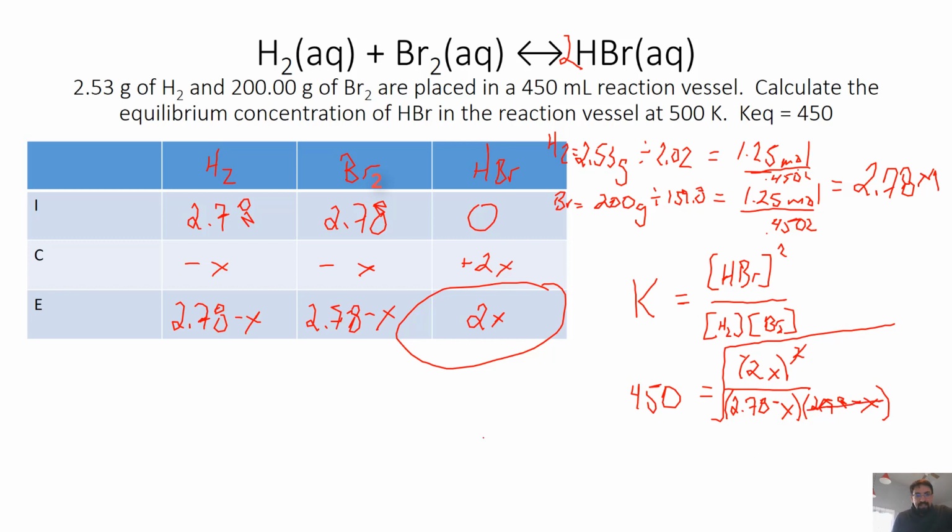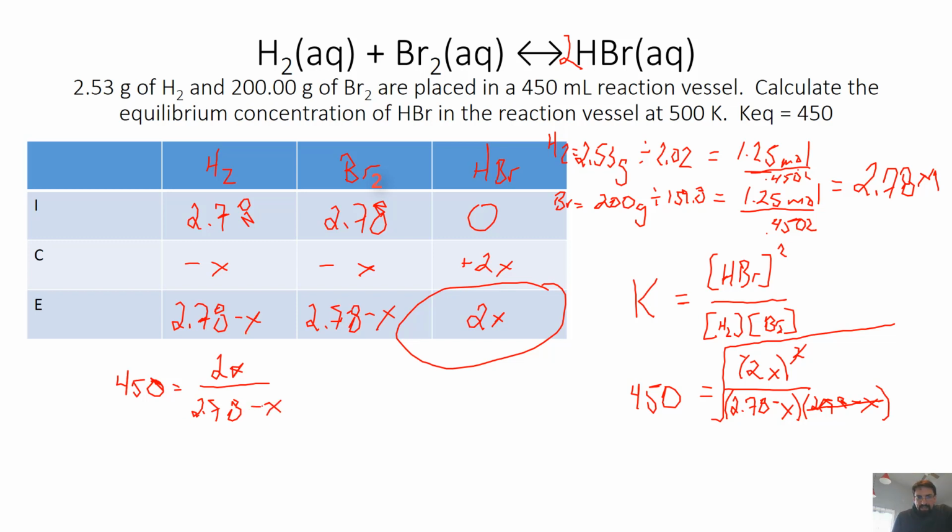Okay, that's going to mean that we have 450 going to be equal to 2X over 2.78 minus X. Okay, all right.